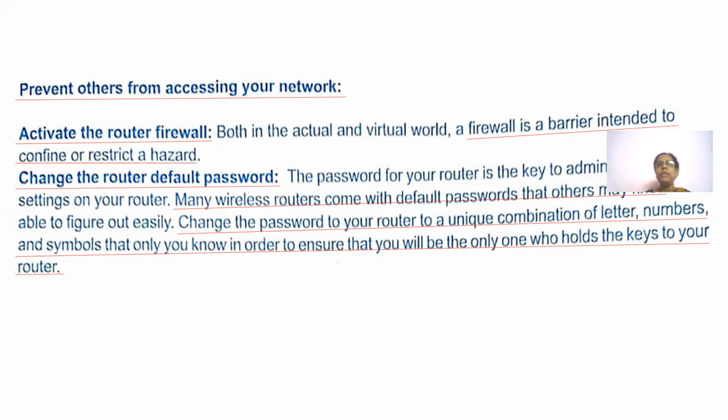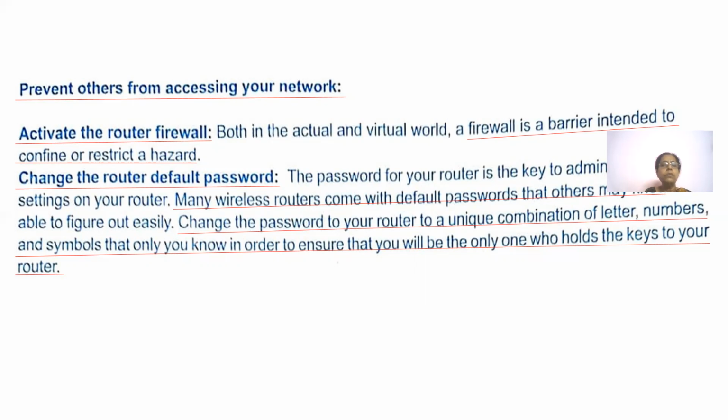I told you every computer has a firewall where you can just turn on the activation, and automatically any information that comes in which is spam and not useful for you, immediately it gives a pop-up saying do not open this mail or do not download such a type of app.